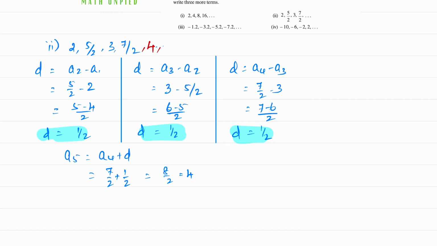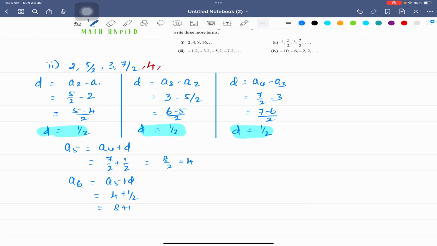Now the next term is A6, which is equal to A5 plus D, which is equal to 4 plus half, which is equal to 8 plus 1 over 2, which is equal to 9 over 2. So A6 is 9 over 2, and let's write the term here, 9 over 2.